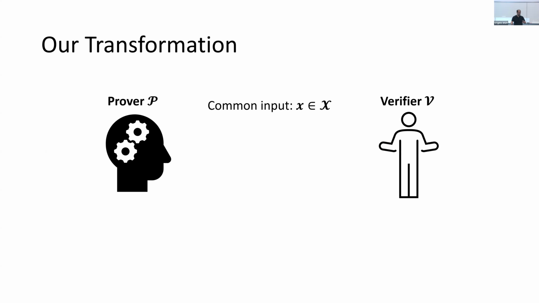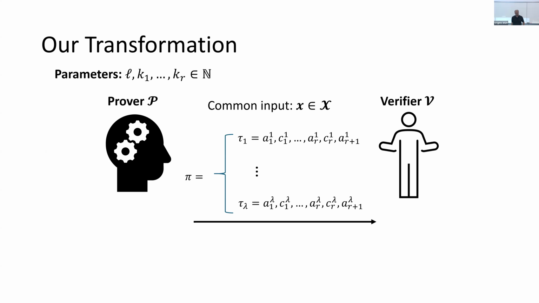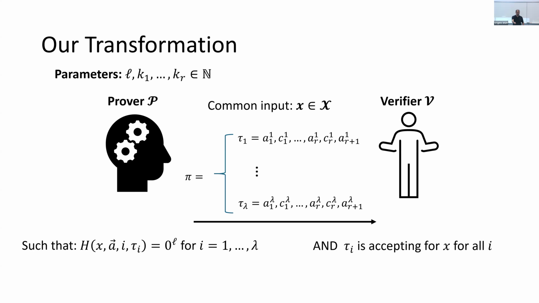All right, so we can present our full transformation now. It will be parameterized by this L and also integers K1 through KR, 1 for each round. The successful proof will be, again, lambda transcripts such that, as before, they all hash to 0 to the L, and they are accepting.